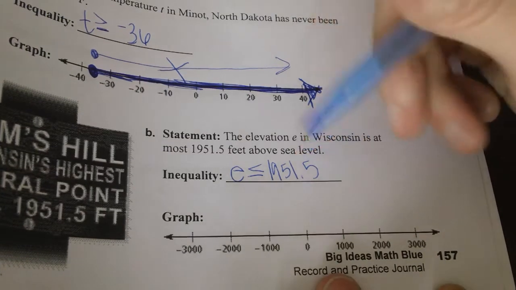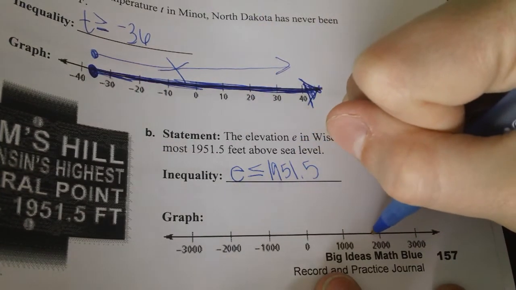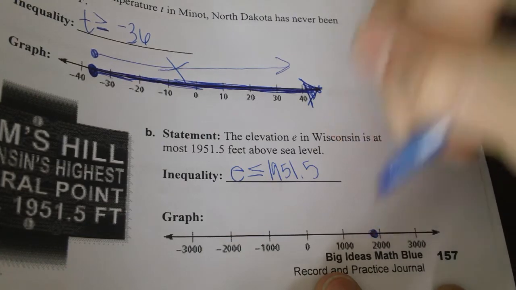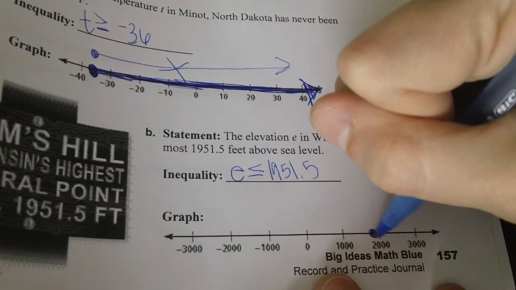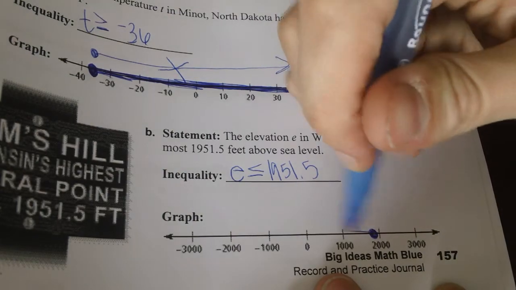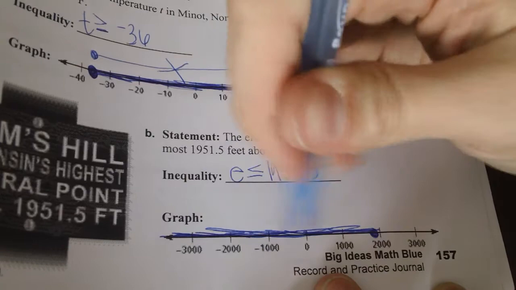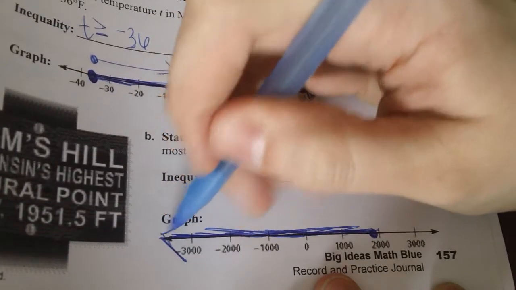Now, when we graph this, we find 1,951.5, which would be way up here. And it's a closed dot because it does equal that. And then we shade our line because it can go below that, but it can't go above that.